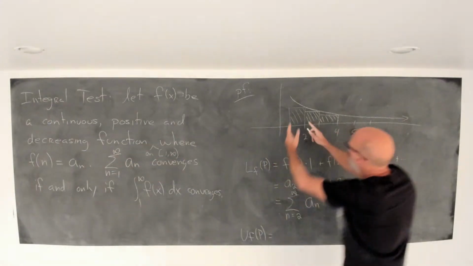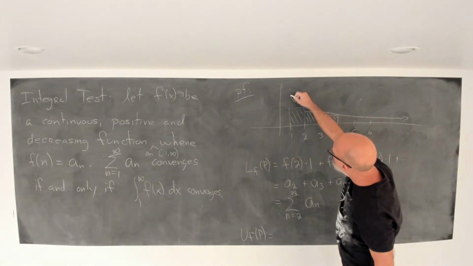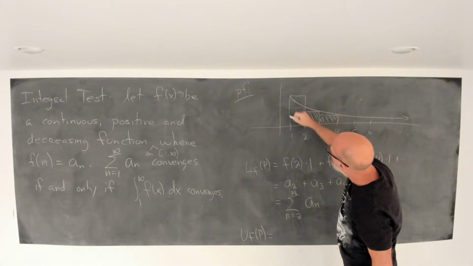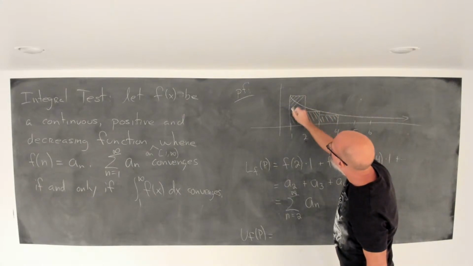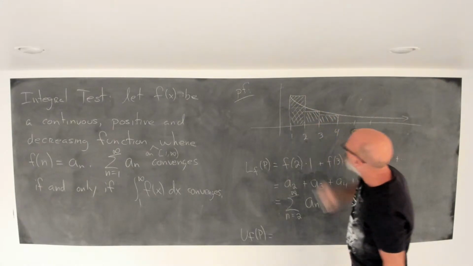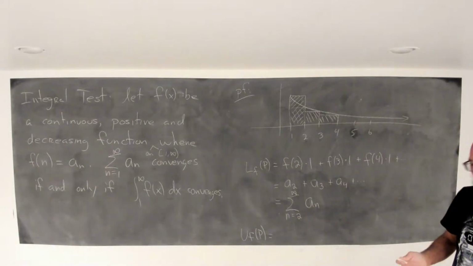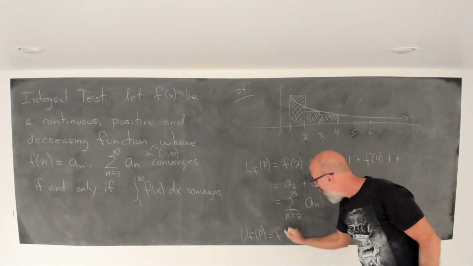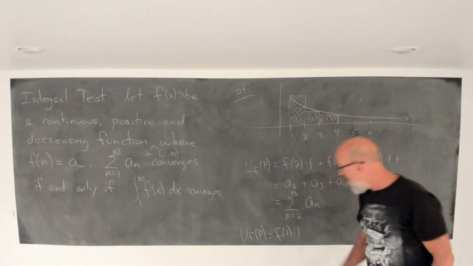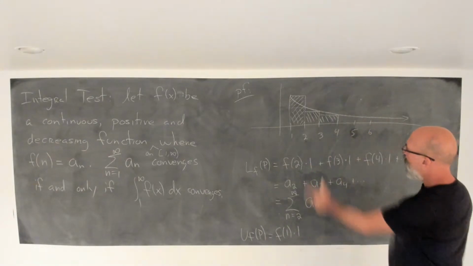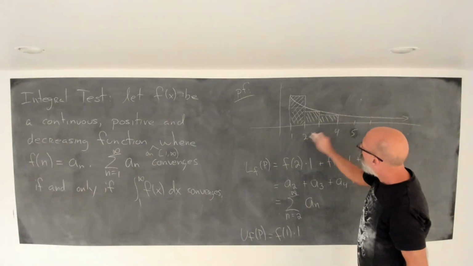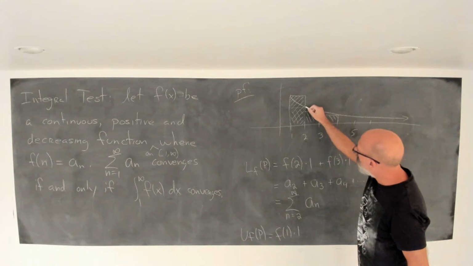So the maximum is going to occur at the leftmost endpoint. And the area of that rectangle is the height, f of 1, times the width. And repeat for the next subinterval. On the interval 2 to 3, the maximum is going to occur at 2.